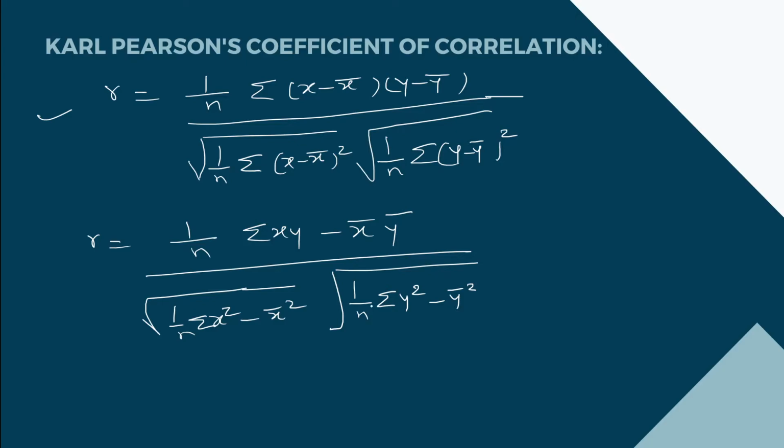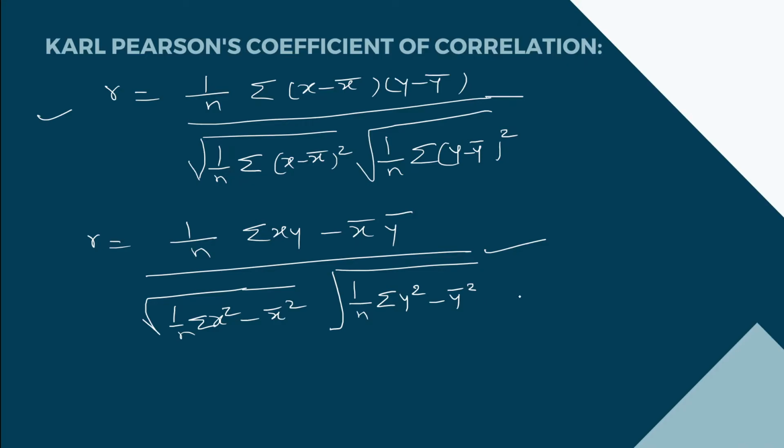This is the simplified formula of correlation coefficient between x and y. We will use this formula for the numerical calculation. It will reduce our calculations and efforts in the sense of time.